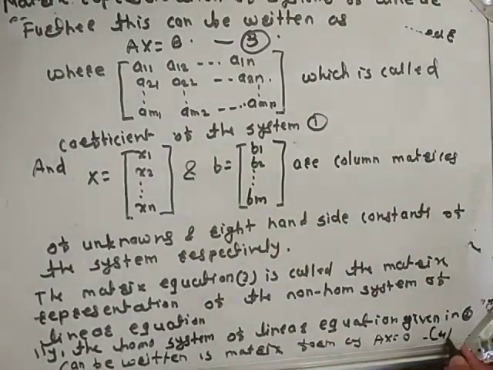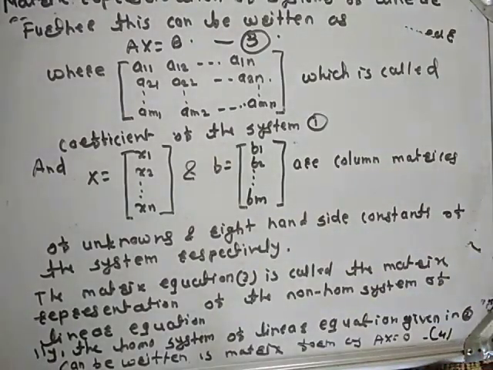Call this equation number 4, where A is the coefficient matrix and X is column matrix of unknowns and 0 is the matrix of zeros of order m by 1. Okay.